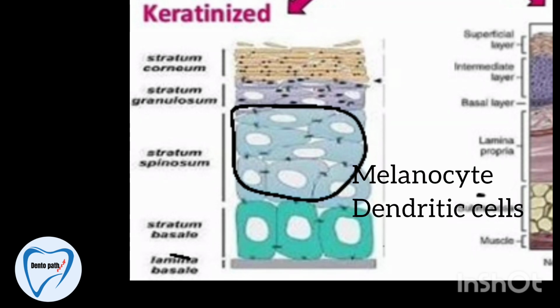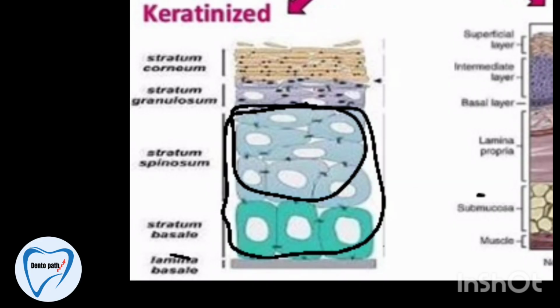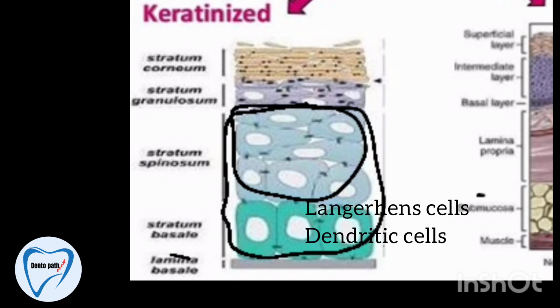Melanocytes and dendritic cells are located in the basal and spinosum layers of the gingival epithelium. They synthesize melanin in organelles called premelanosomes and melanosomes. Now, the Langerhans cells and dendritic cells are located among keratinocytes at all suprabasal layers.